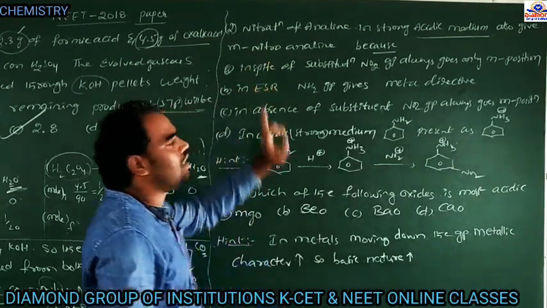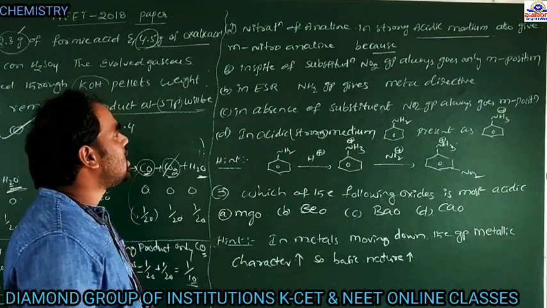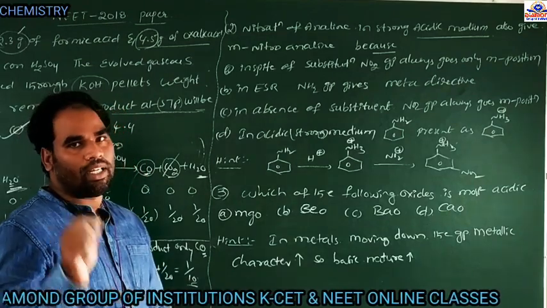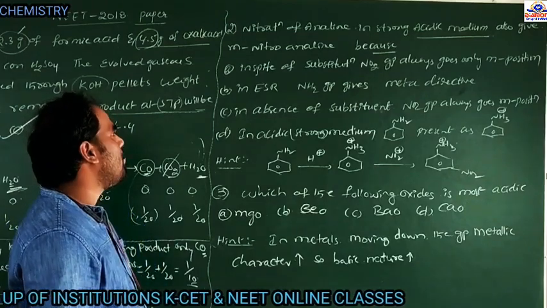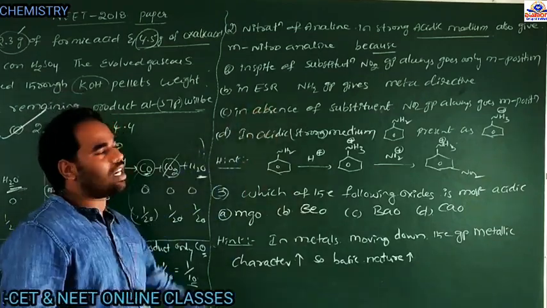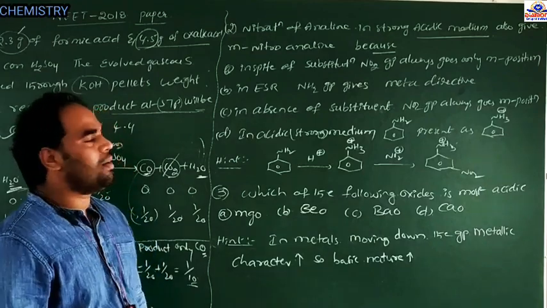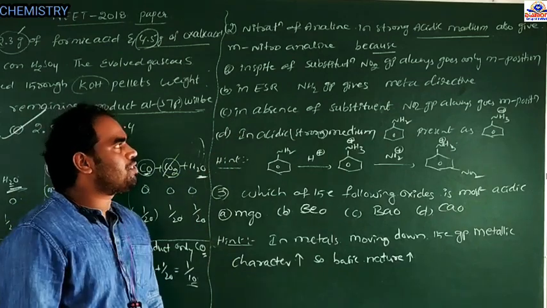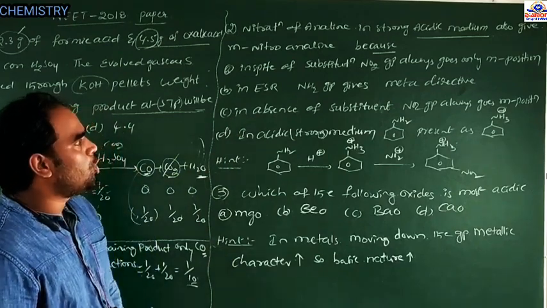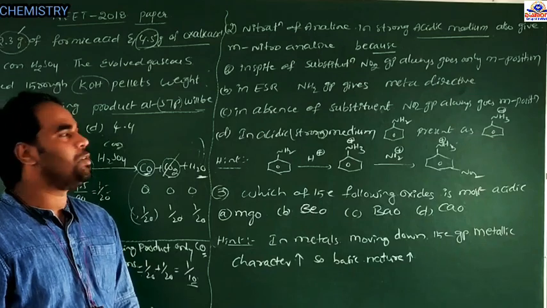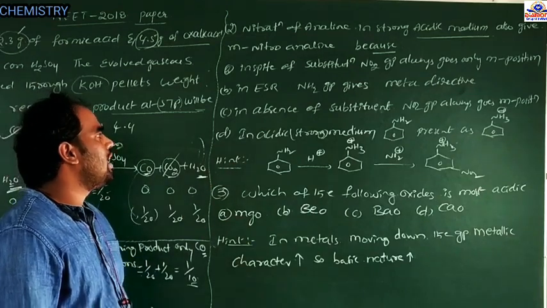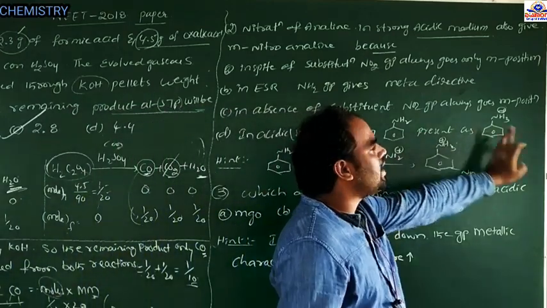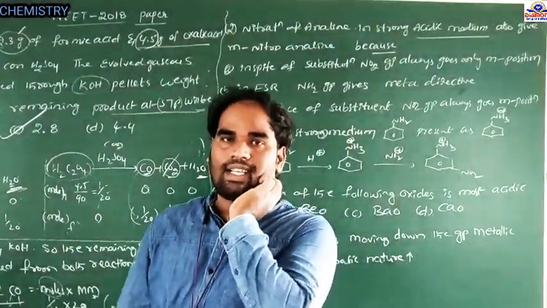Option A. In spite of substitution, NO2 group always goes to meta position. Option B. In electrophilic substitution reaction, NH2 group is meta directive. Option C. In absence of substituent, NO2 group always goes to meta position. Option D. In strong acidic media, aniline is present as anilinium ion. So which is the correct answer?